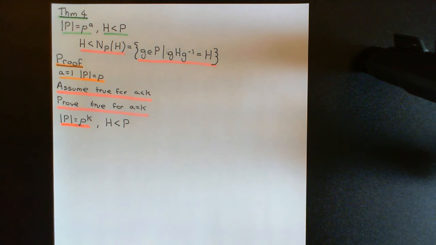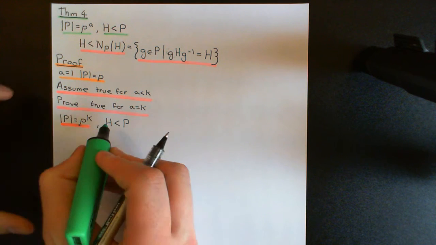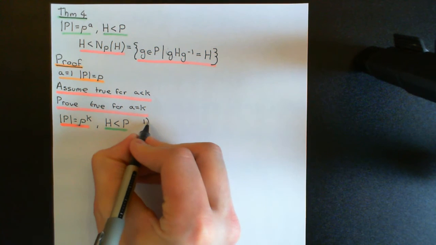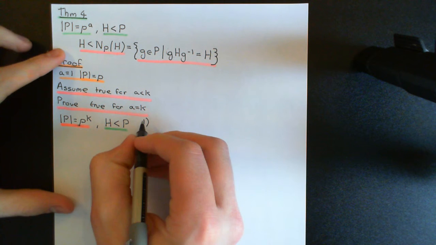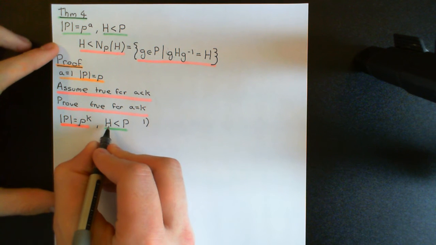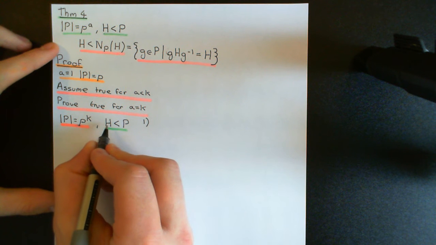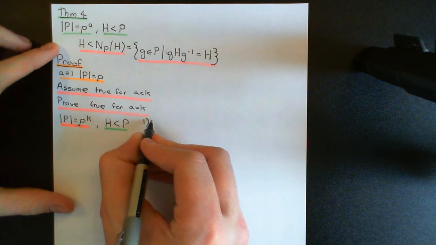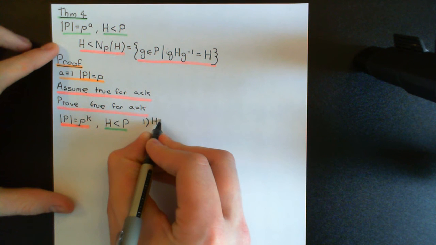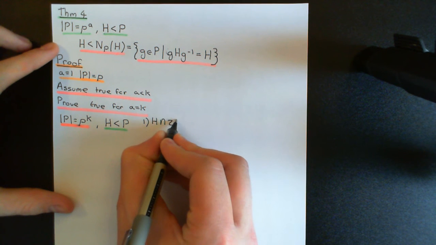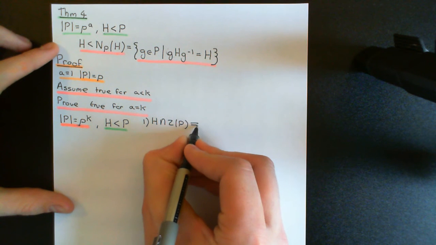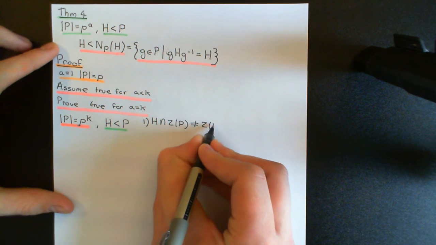From here on in, what we're going to do is split it into two different cases. So case 1 and case 2. Case 1 is the case where there are elements of the centre of the P group that are not in capital H. You will understand why that has anything to do with the question we're trying to answer in just a moment. So case 1 is where if you intersect the centre of the P group with H, you do not get the entire centre as your answer.